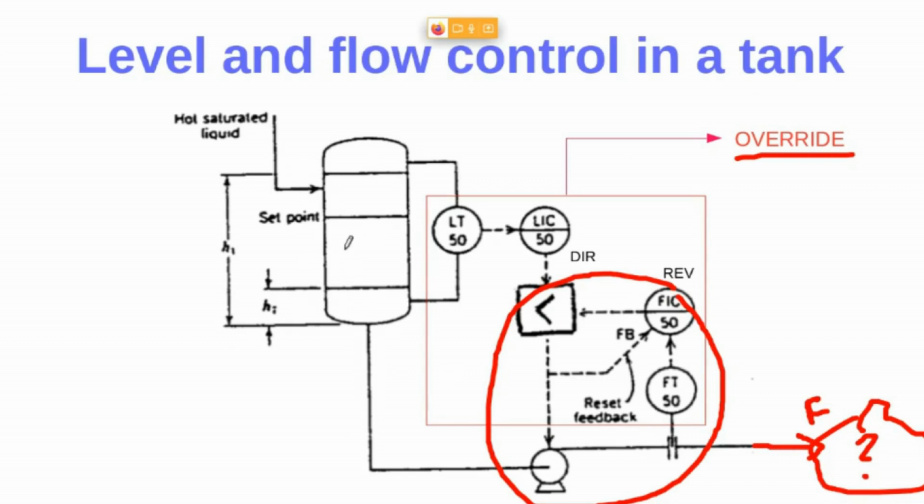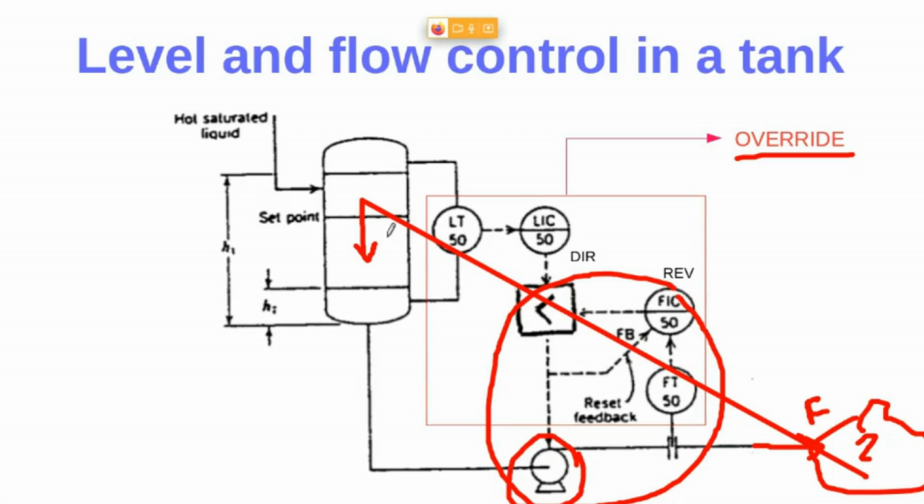But what happens if this level is going down, down, down, and down? If this tank runs out of liquid, we will have a real problem, just because here there will be no liquid and this pump will be damaged, right?